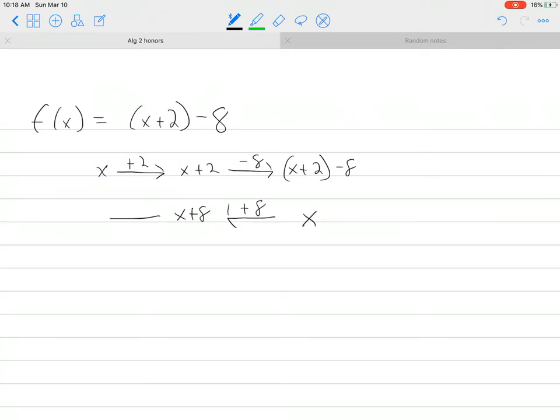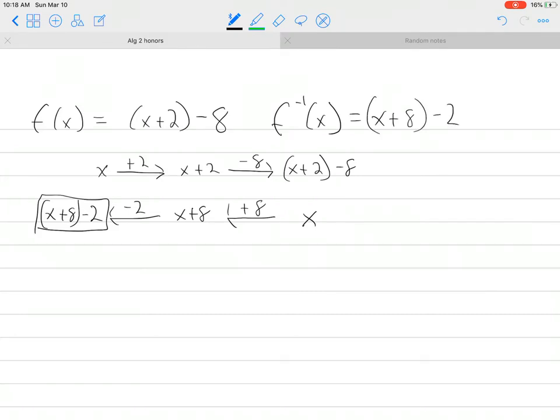And you're going to subtract 2, so x plus 8, that whole thing, minus 2. Here's my inverse. F to the negative 1 of x equals x plus 8 minus 2. Now this is nice and simple.